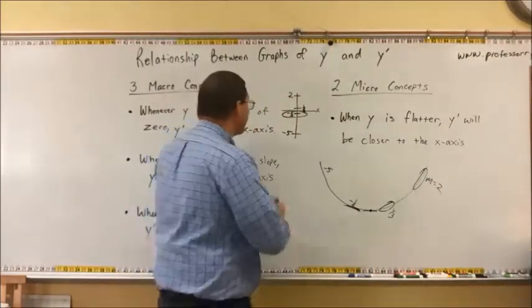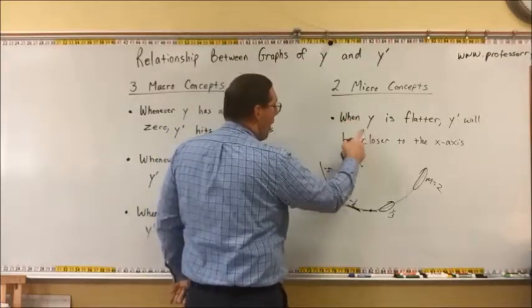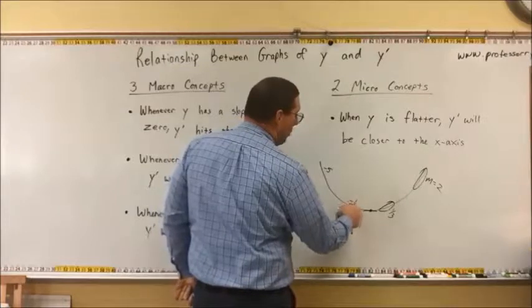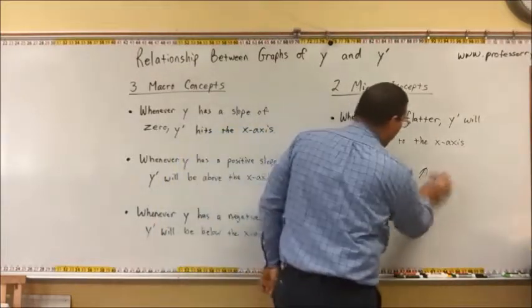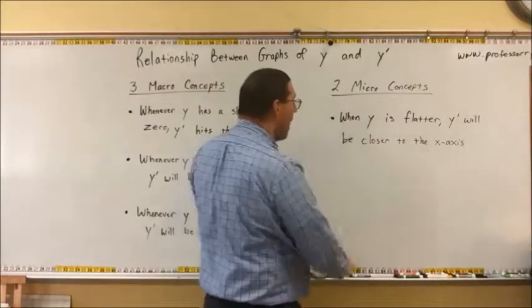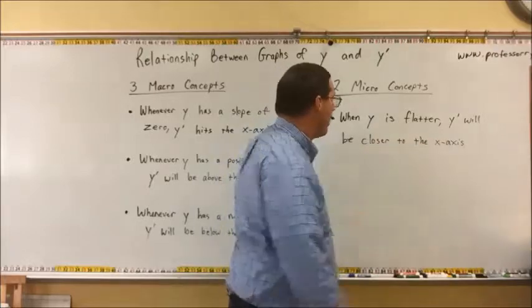And therefore, when the shape of y is flatter, then the derivative y prime is going to take on a value that's closer to 0. Y prime will be closer to the x-axis.